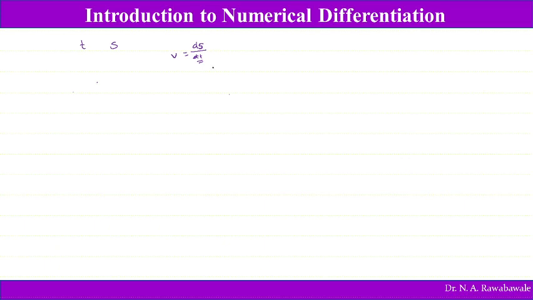Now to predict the velocity of a parachute, we use the expanded Taylor series. Say v is the velocity at any time t. We know the velocity at time ti and want to find the velocity at time ti plus 1.